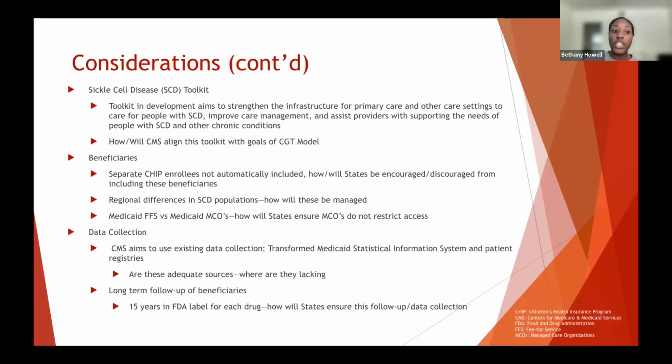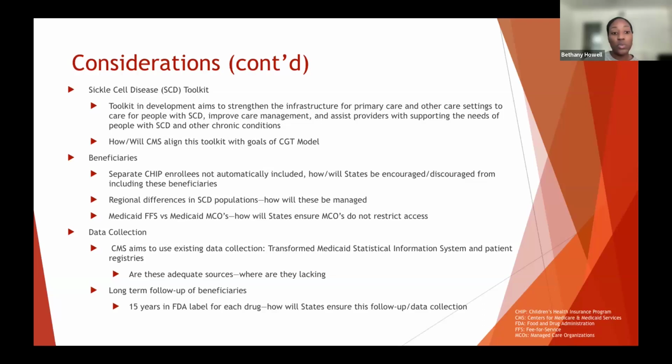Some other key considerations are that there's a sickle cell disease toolkit in development. The goal of that is to strengthen the infrastructure for care facilities and settings for people with sickle cell disease, improve care management, and assist providers in doing so. So we really want to understand how CMS will align this toolkit with the goals of the model. For beneficiaries, we know that separate CHIP enrollees are not automatically included, and we want to understand a bit better about how states will be encouraged or discouraged by the way the model is set up from including those beneficiaries.